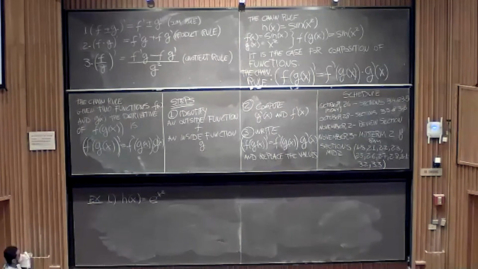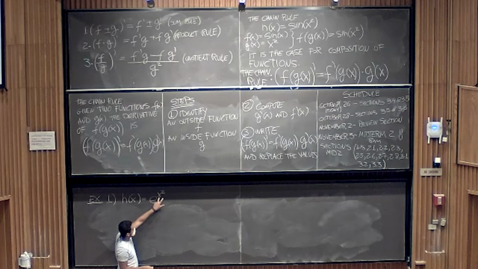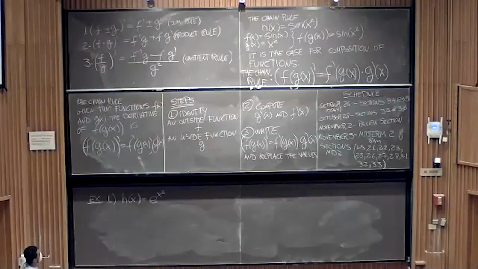You should think about, okay, that case is a chain rule. I can see I have two functions composed to each other. I have the function e to the power x, and I have the function x squared. And when I compose e to the power x and x squared, I can get that.